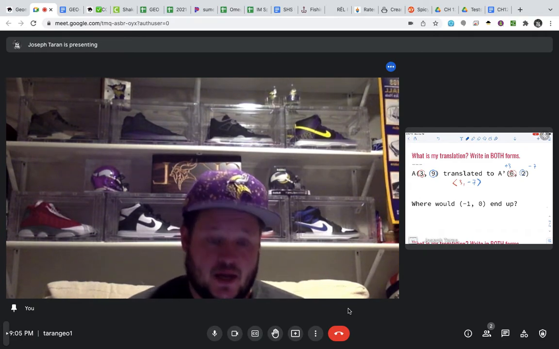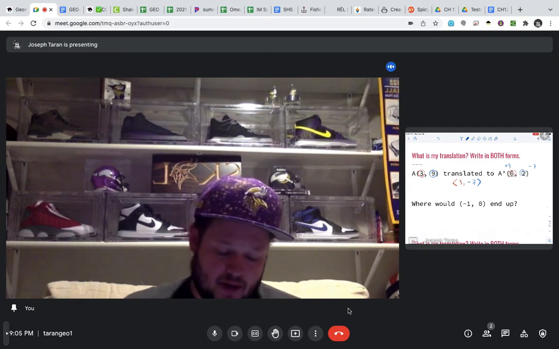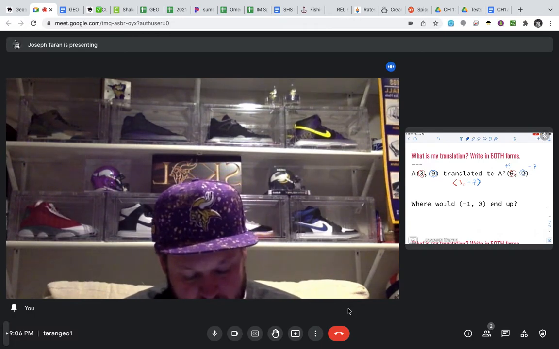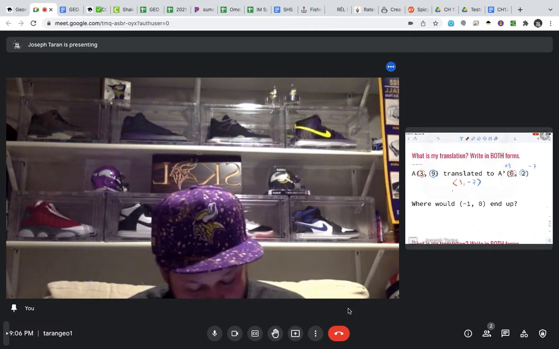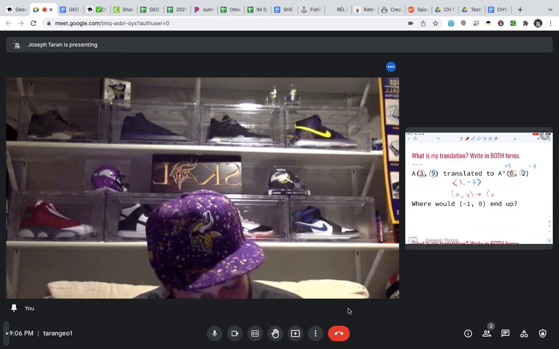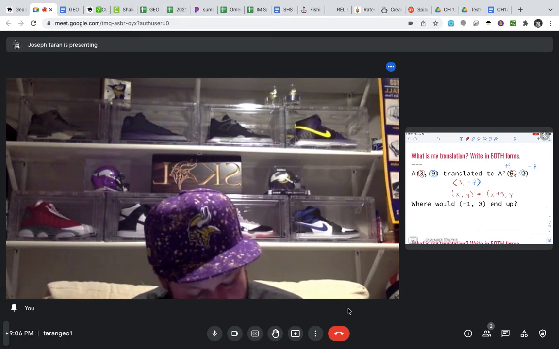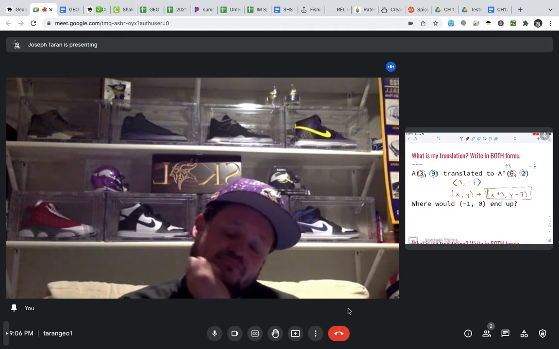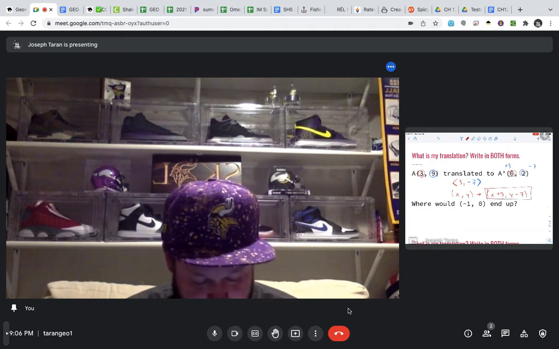And that's just saying, hey, we're moving our coordinates to the right 3 and down 7. That's it. The other way you would want to write it would be x, y is transforming to x plus 3, y minus 7.